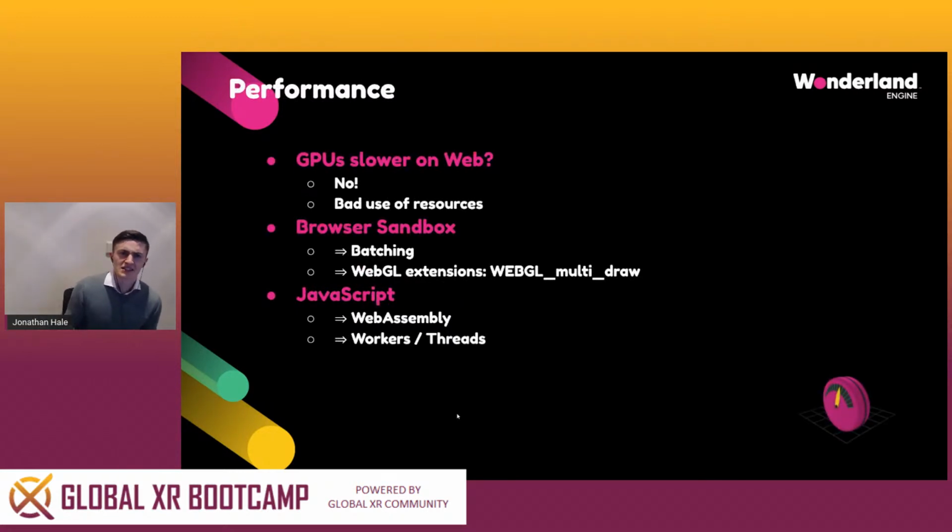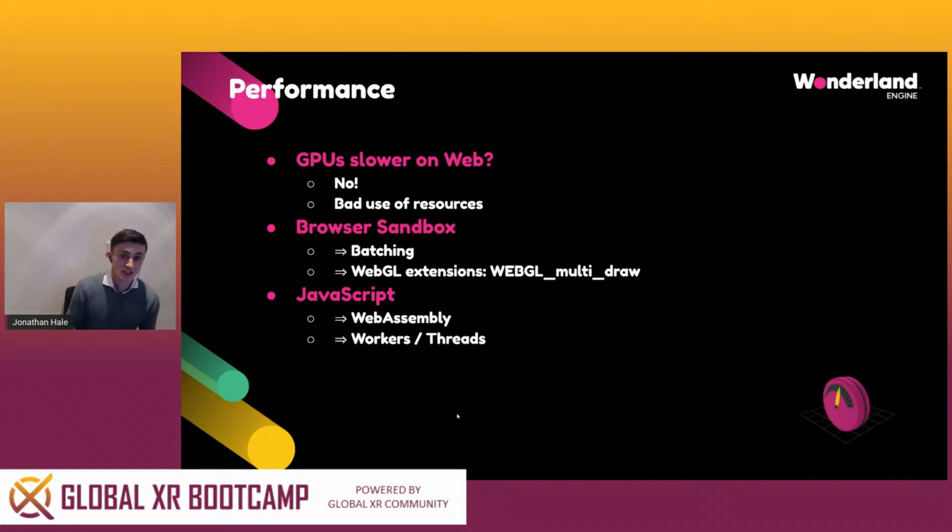A question you might ask is, are GPUs slower on the web? No, of course not. It's just a lot harder to use the resources that we have with the GPU. And I'll show you in a minute why. And that is because of the browser sandbox. There's a solution to this, which is batching.